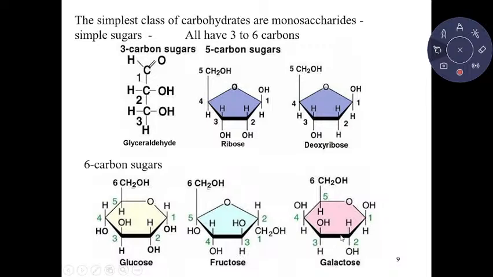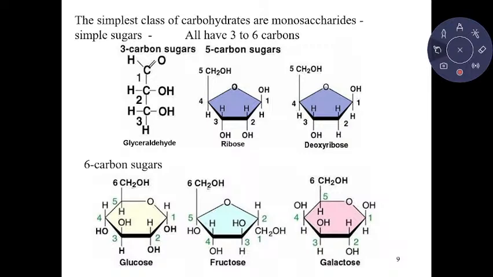Just in this slide you have to know the examples of 3 carbon sugars, 5 carbon sugars and 6 carbon sugars.